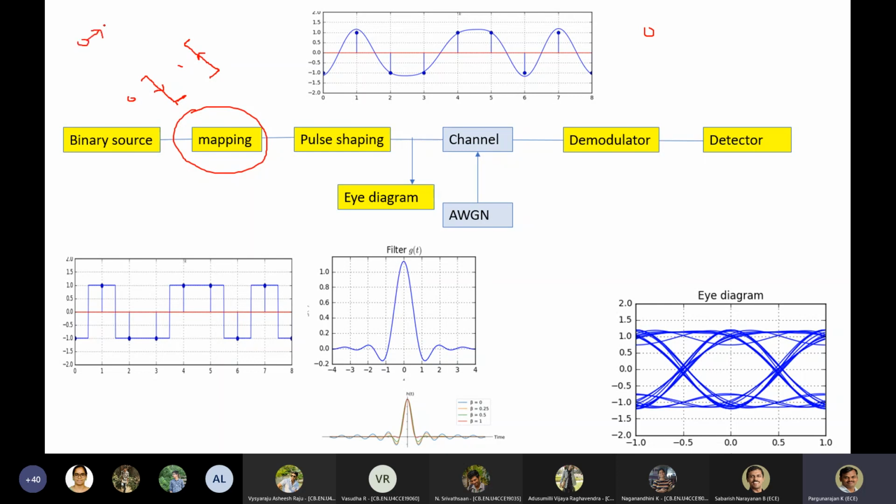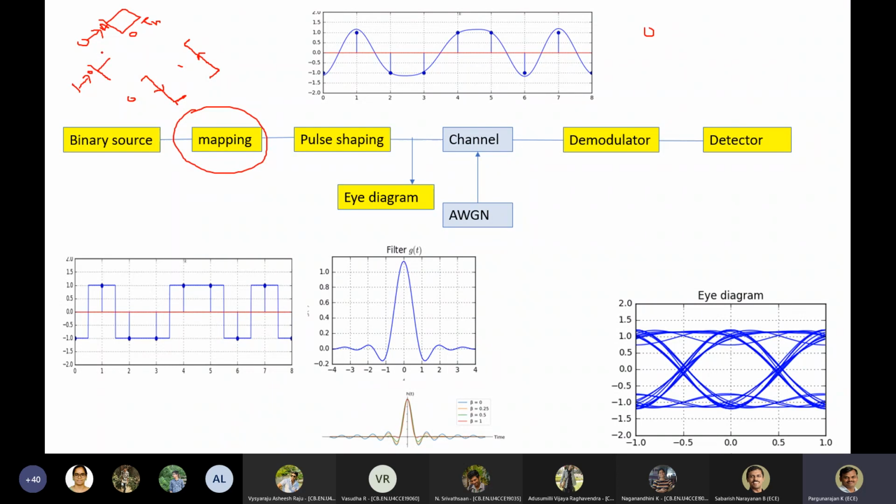0 you can map to a rectangular pulse from 0 to TB, where TB is the pulse duration and the amplitude is going to be A. The same thing inverted for 1: the same duration 0 to TB, but the amplitude is going to be minus A. This we call an antipodal signal.